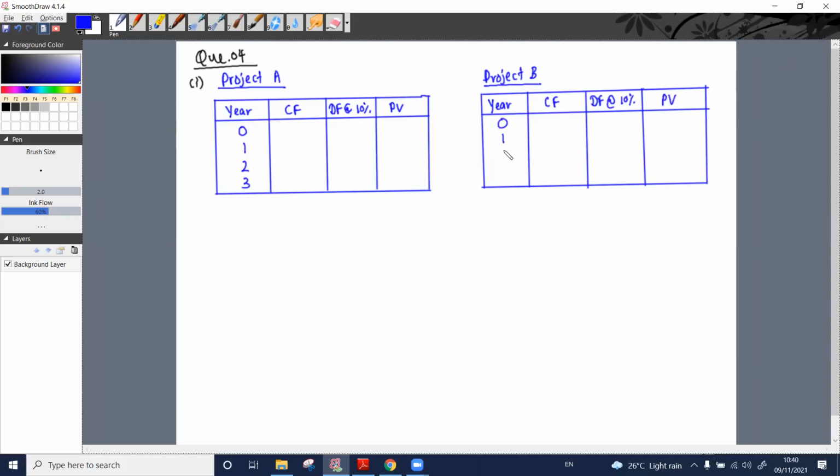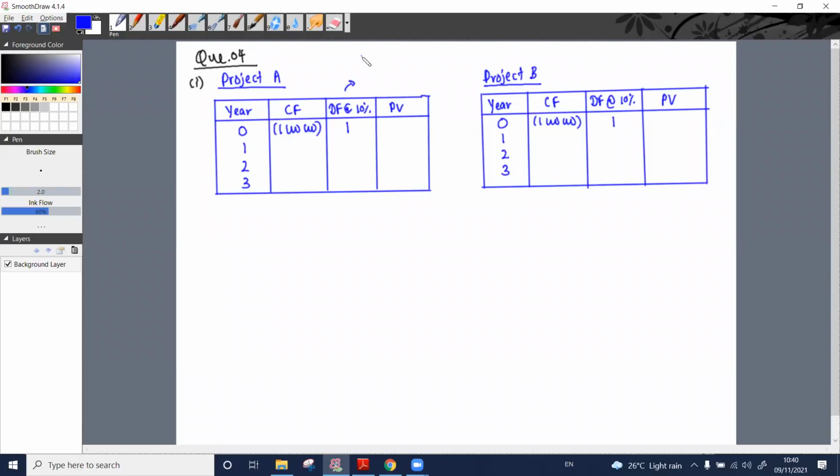Both these projects are going for 3 years. Initial cash outlay is 1 million for both projects. And you know how to take the discount factor, right? At year 0, the discount factor is 1. How can we take it?